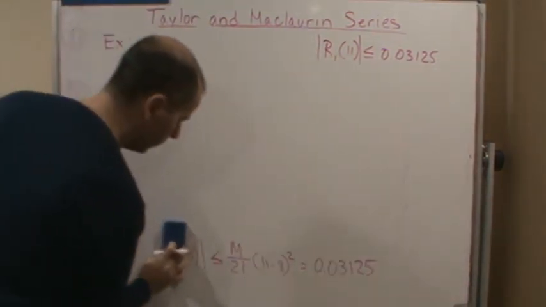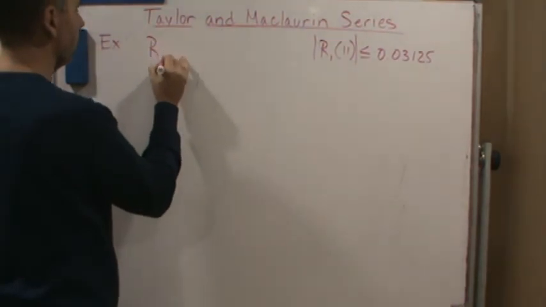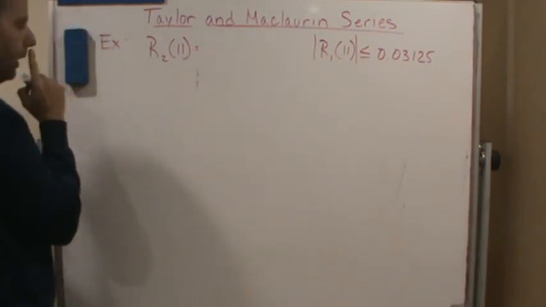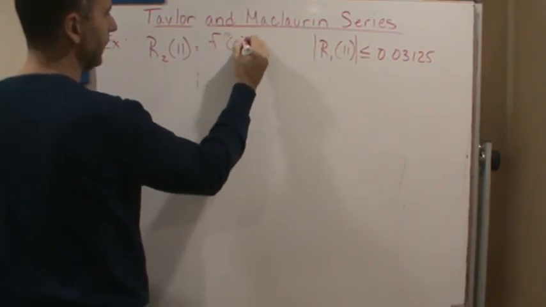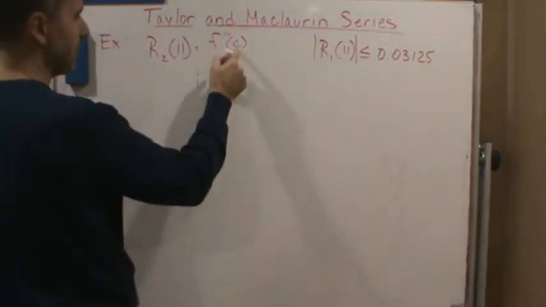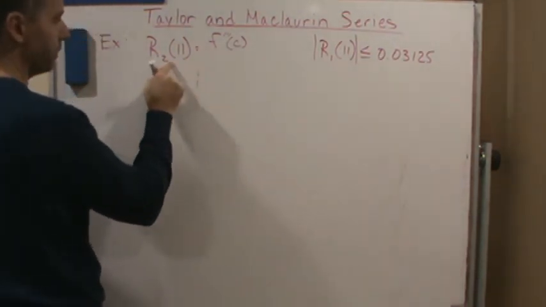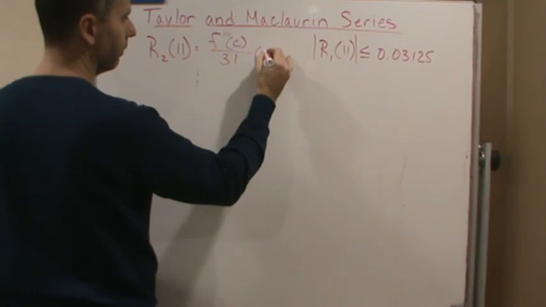Now let's go through the same process for R2. We know R2 of 11 is going to equal f triple prime of c over 3 factorial times 11 minus 8 cubed. Again, by the same reasoning, there has to be some c value between 8 and 11 such that R sub 2 of 11 is equal to this.